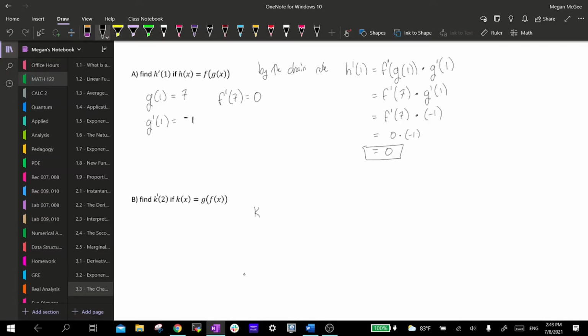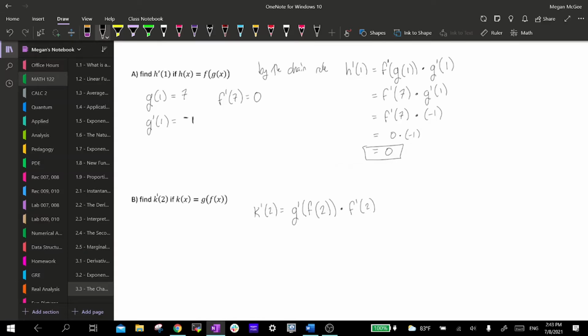Again, by the chain rule, our k prime of 2 is going to be the derivative of our outside function, evaluated at the inside function, evaluated at the number that we care about, times the derivative of our inside function, evaluated at the number that we care about.